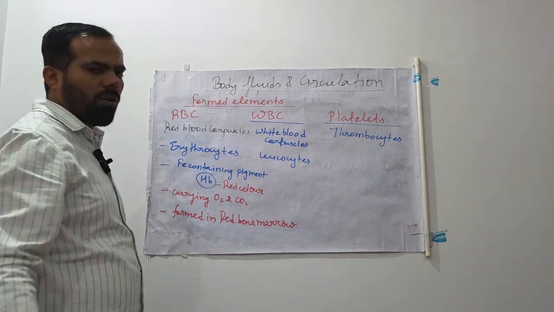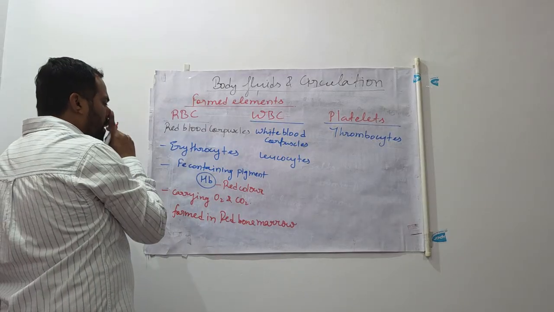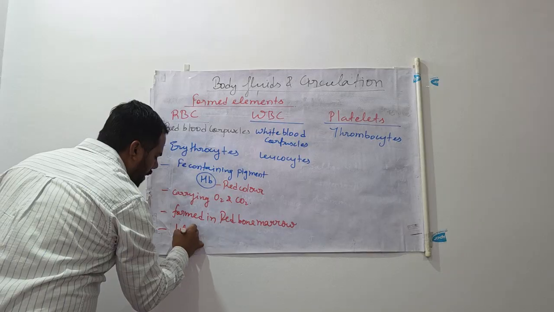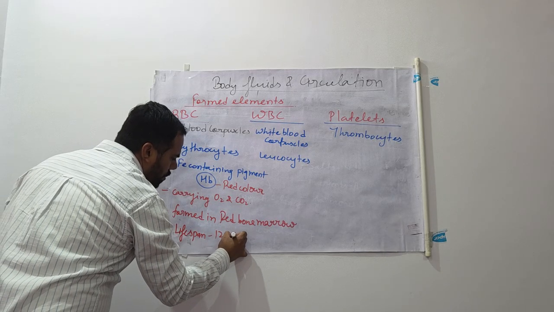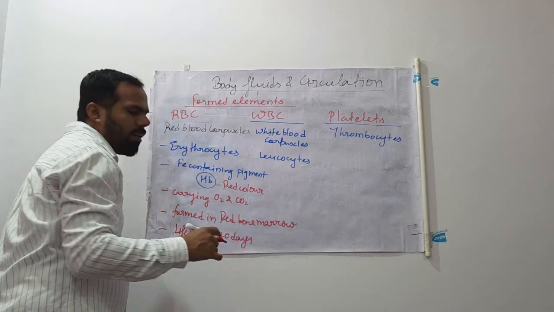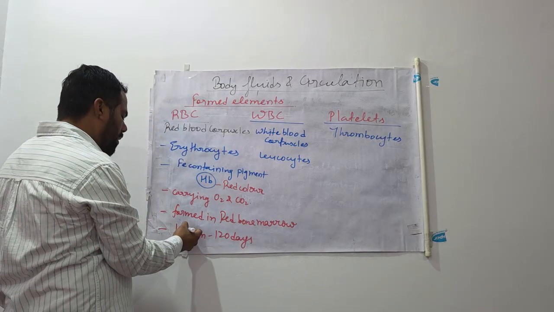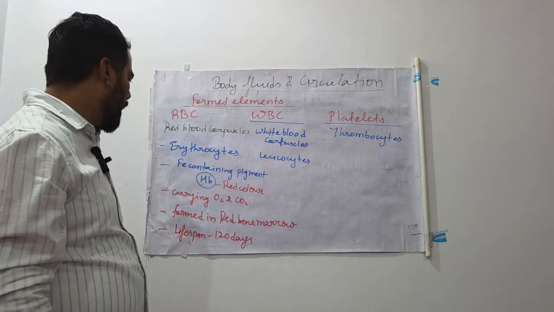And the lifespan of RBC, यानी कि how much time it is present in our body: it is present in our body for 120 days. Then it dies and is stored in its graveyard, known as the spleen.